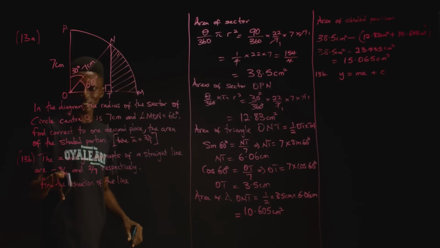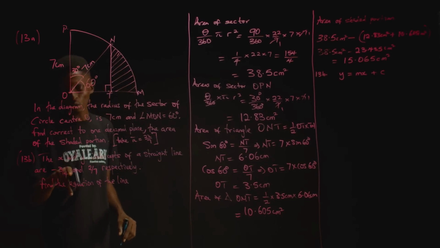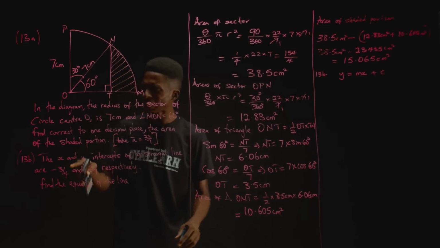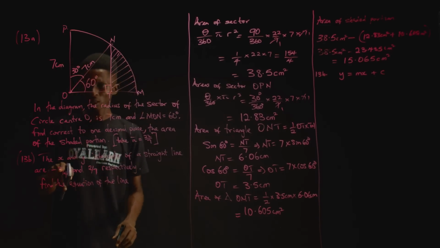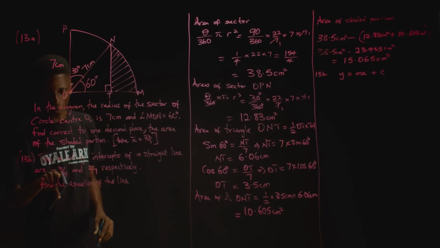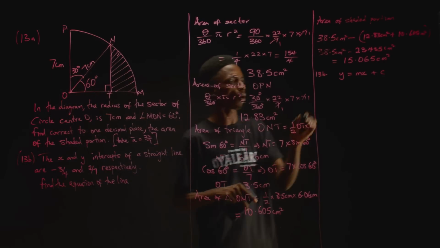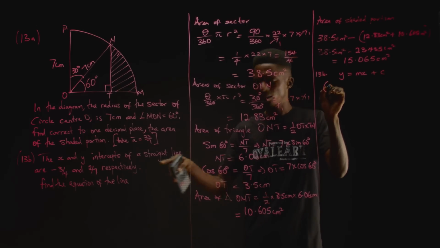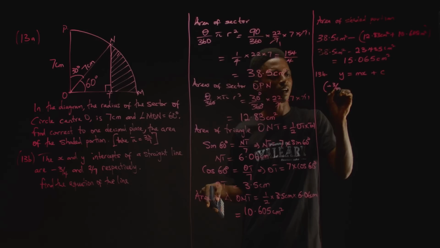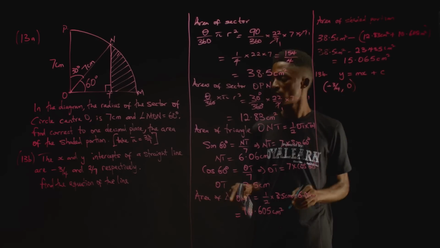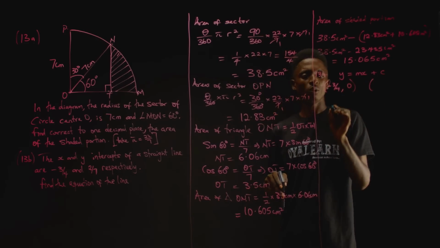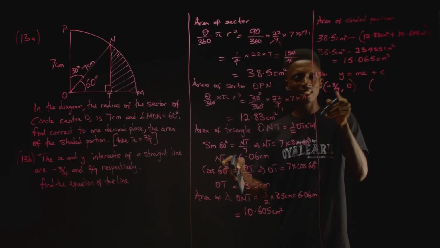Now, what does this mean? When the intercept is negative 3/4, it means that at this point here, our y is 0, and x is minus 3/4. That is, the point would then be minus 3/4, 0, where this is our x and y.